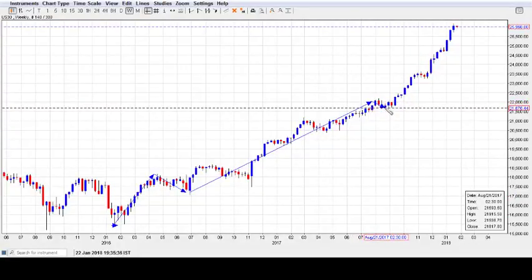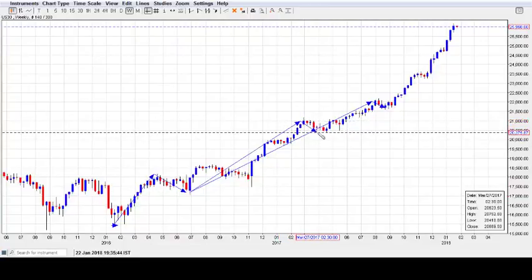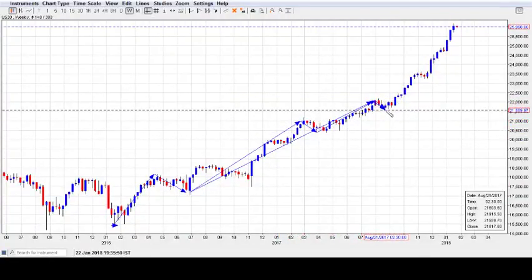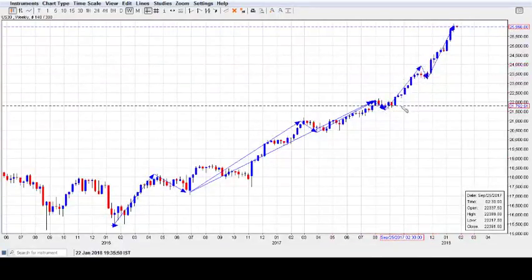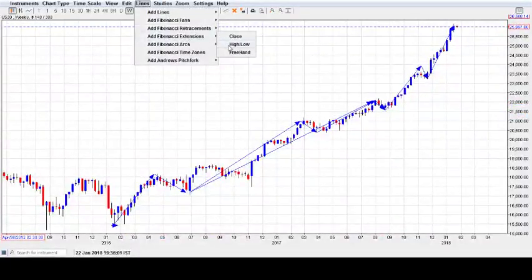Again wave 4. I think that could be wave 3, wave 4, and then 1, 2, very difficult, 3, 4, and 5. Almost done now. By all measures, by all angles, it is completing the fifth wave.